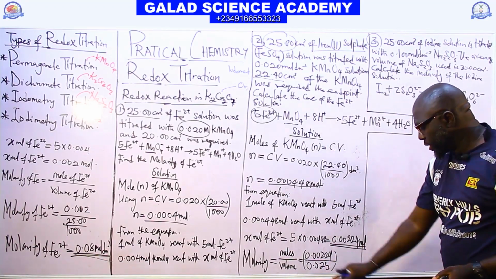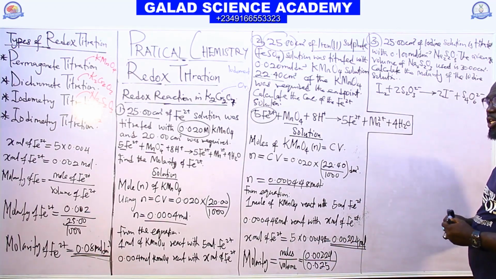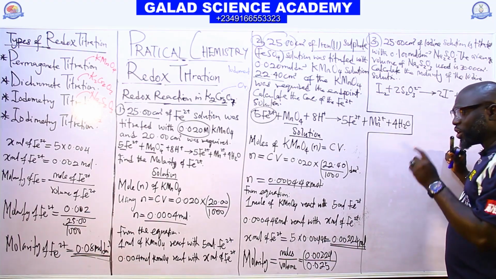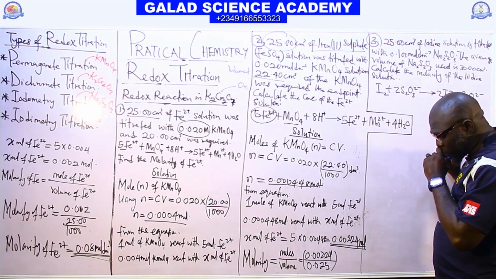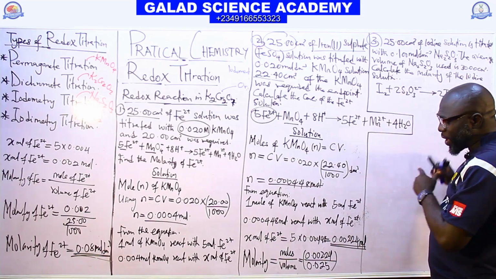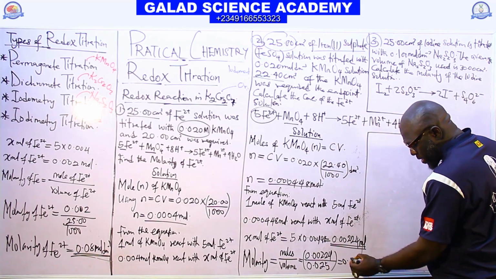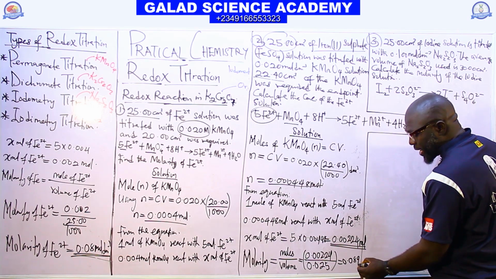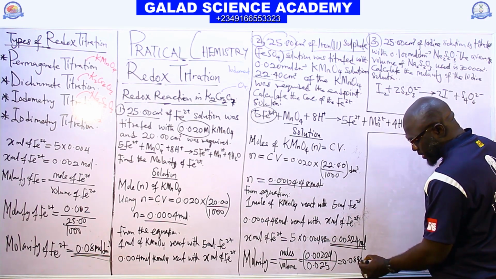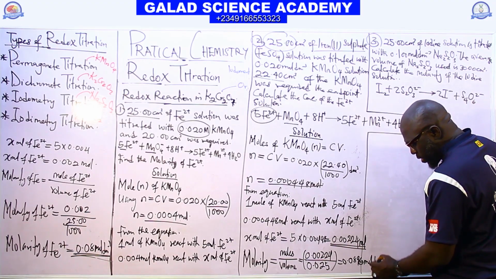So if we divide these with each other, at the end of the day, we get 0.00896 mole per dm cube.